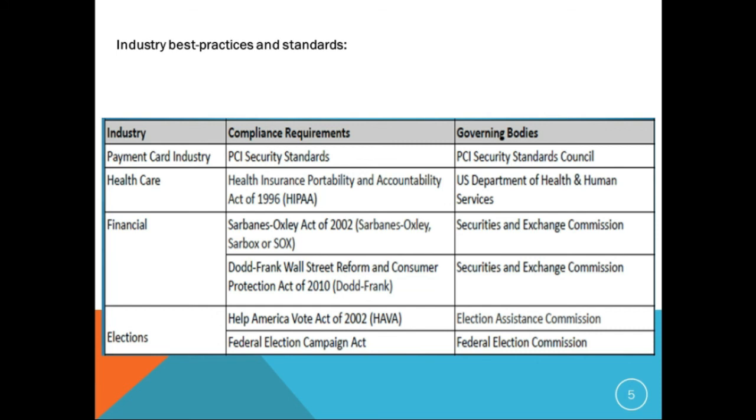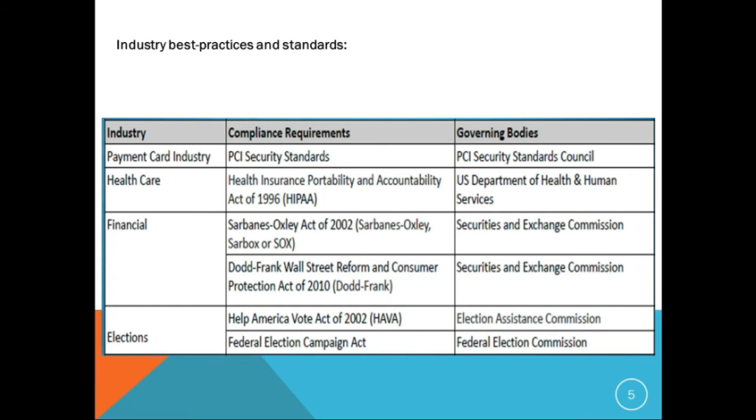So the very first is the payment card industry. Payment card industry means the industry which allows online payment using credit and debit cards. So here PCI security standards are set as a regulatory requirement, or the compliance requirement, meaning all the companies who deal with online transactions or online payments need to undergo these PCI security standards.